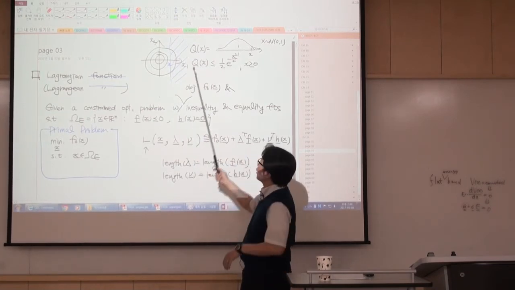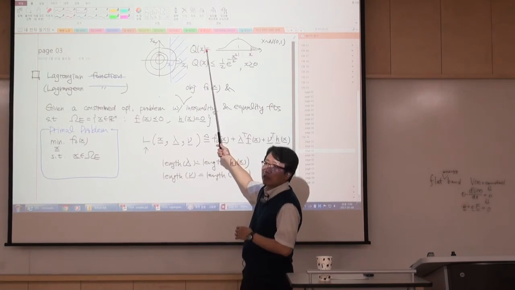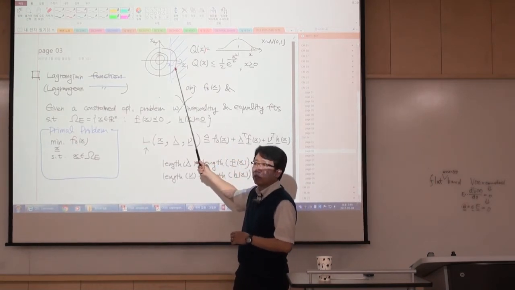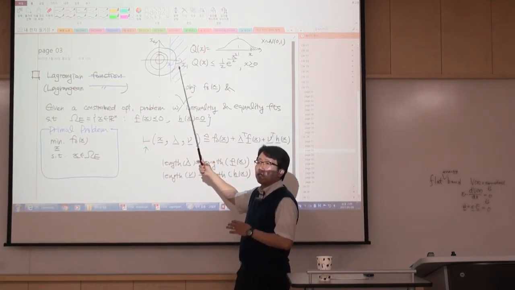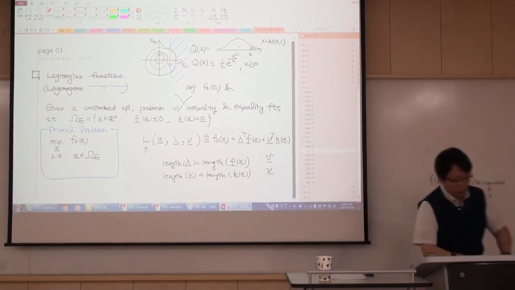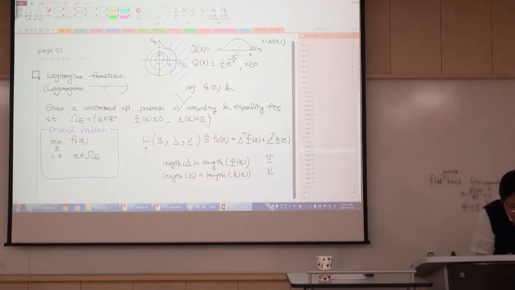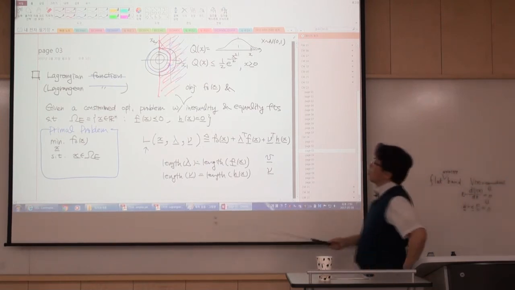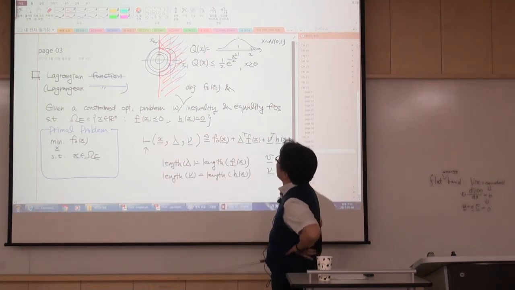So the trick is that you transform a one-dimensional integration to a two-dimensional integration. And then you apply a trick like this. You draw a line, a circle, if I remember correctly, and extend your integration area to this one. So what happens?